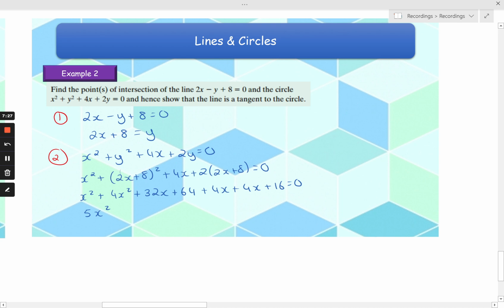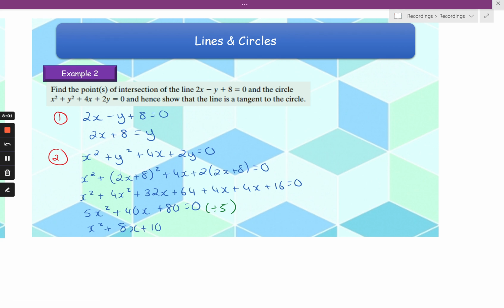We have 32x plus 4x, which means we have 40x. So we have 5x squared plus 40x. We have 64 plus 16, which gives me plus 80, which means I can see here that my quadratic can be simplified by dividing everything by 5. So when I divide by 5 here, I get x squared plus 8x plus 16 is equal to 0.